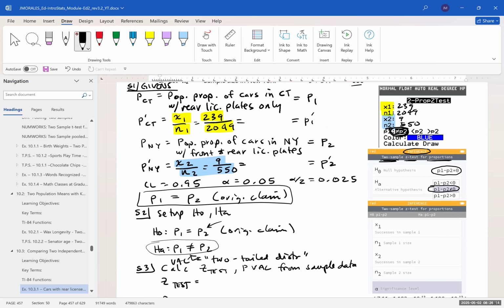Then the same values: X1, which is the number of successes in Connecticut, is 239. The sample size was 2049. The number of successes in the second sample is 9, with a sample size of 550, and a significance level of 0.05.